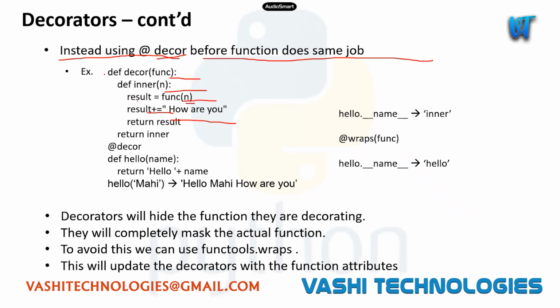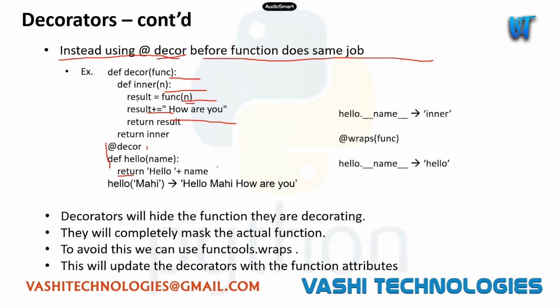Now this decorator function I'm calling on this hello function. Here I have this decor, right? Define hello of name, it's returning hello plus name. This function will take a name and return a message hello plus name, whichever name we are passing. Since we have a decorator here, we are doing some additional step.